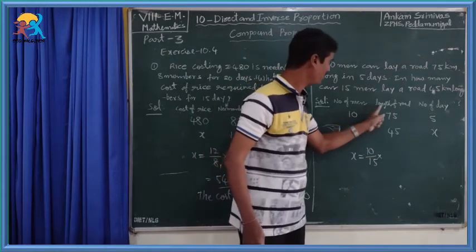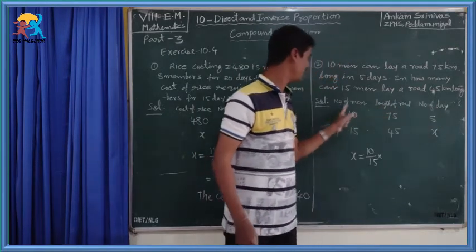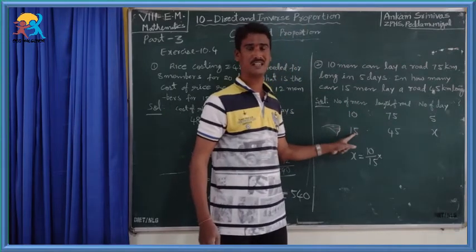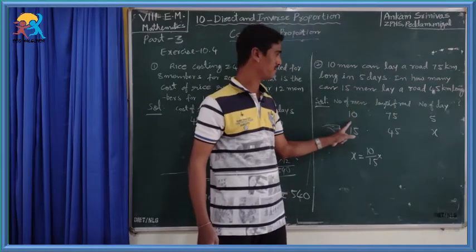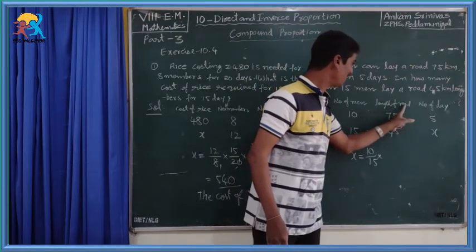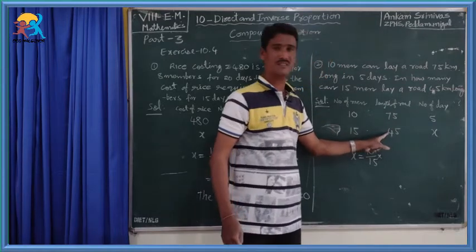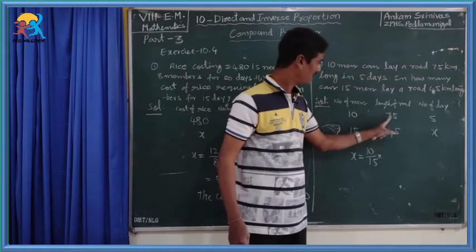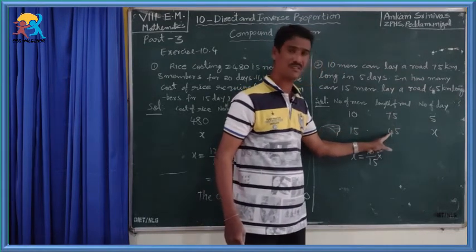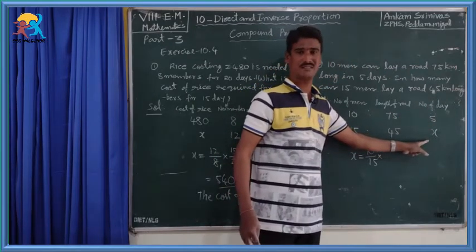Second one, when you compare the length of road with number of days, you take the number of men as the constant. That means number of workers is the same. Then length of road and number of days. If less length of road, then we will get the less days. Yes or no?